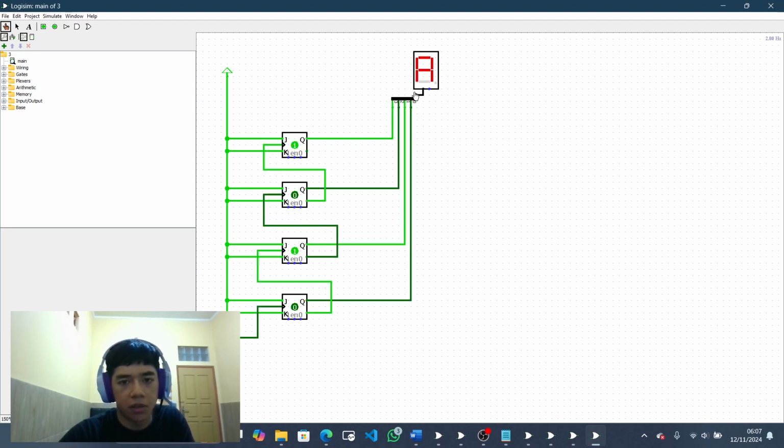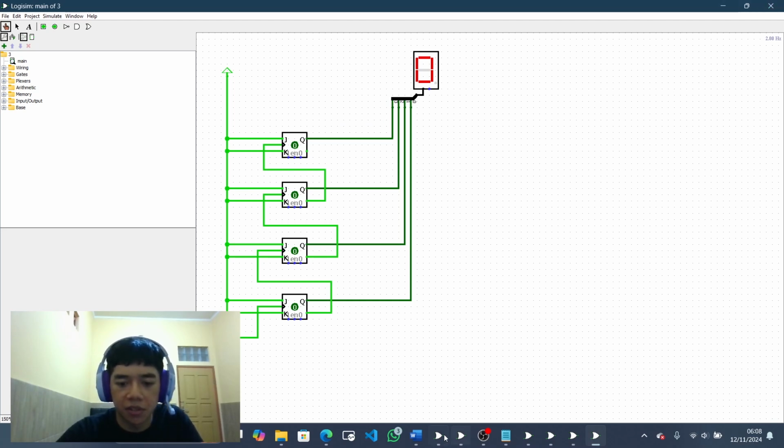That's why in here there are C, D, E, and F. So it stores the values up to F, and it will repeat the cycle once all of these have been done. 8, 9, A, B, C, D, E, and F. Right.